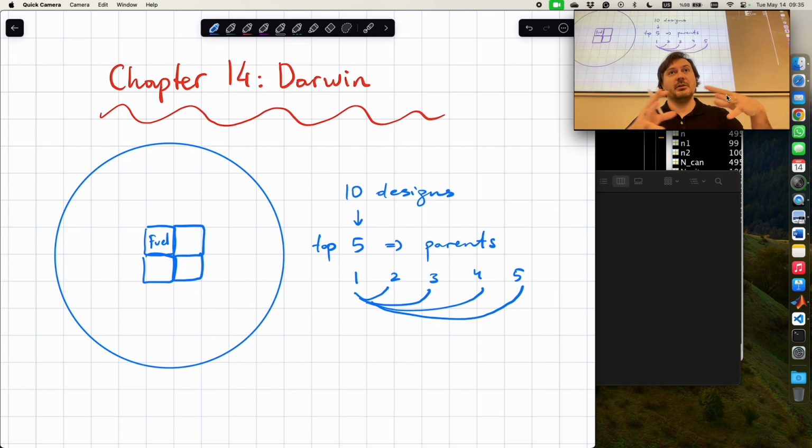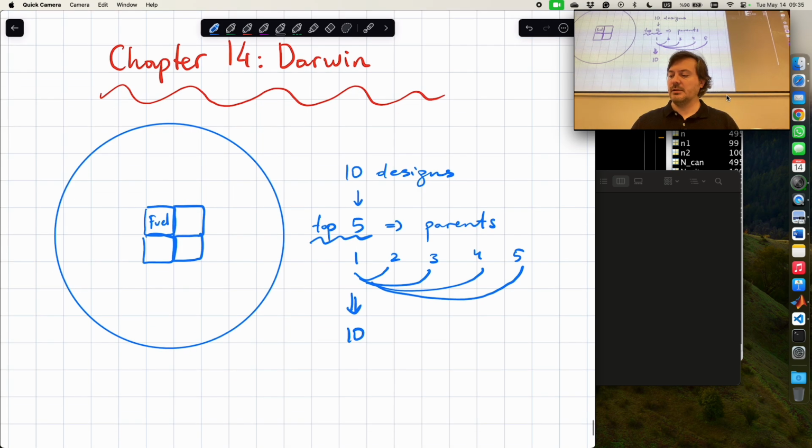That will not always be the case. Sometimes they will get bad sides from both parents. But in the end, you will get another 10 designs, right? Since you keep getting the top 5, we hope that you will keep improving, right?